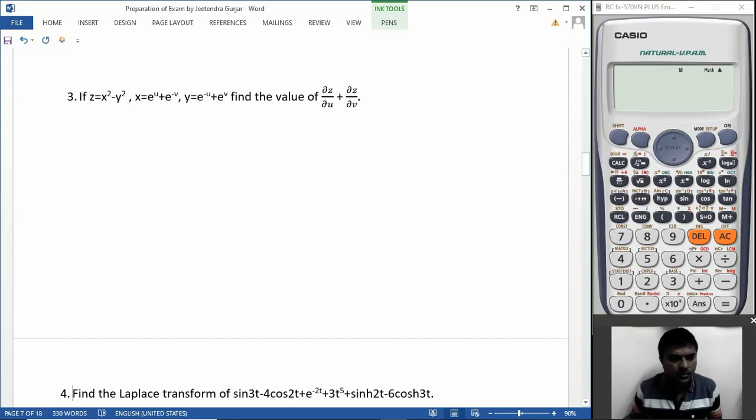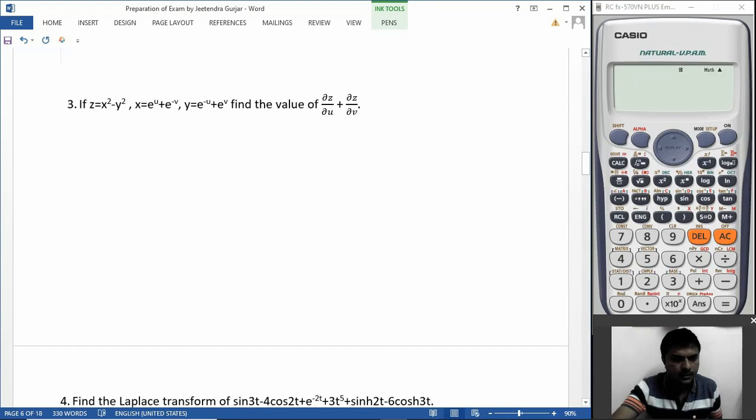So if z is equal to x square minus y square, x is equal to e raised to u plus e raised to minus v, then find the value. Yes, this is quite easy, students. You can do it very easily.